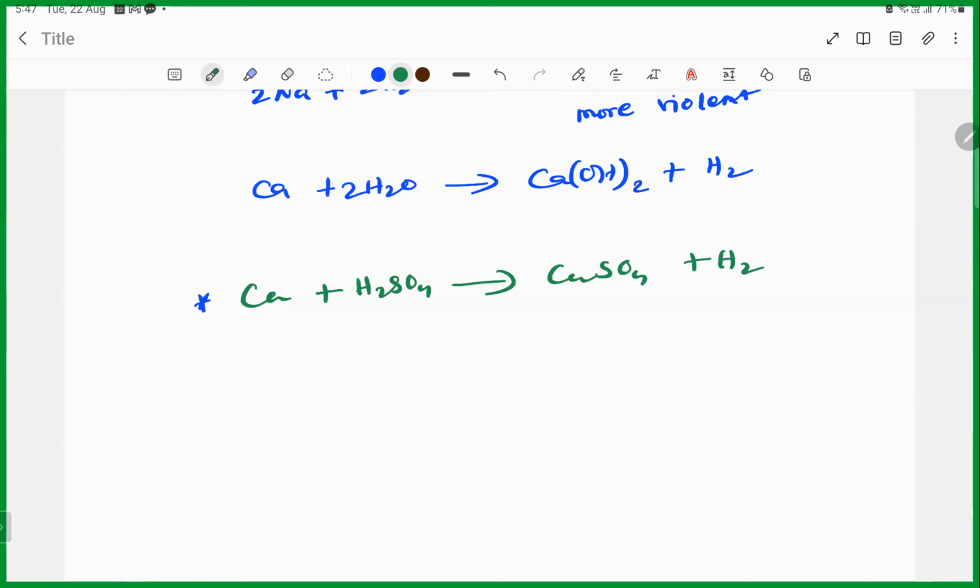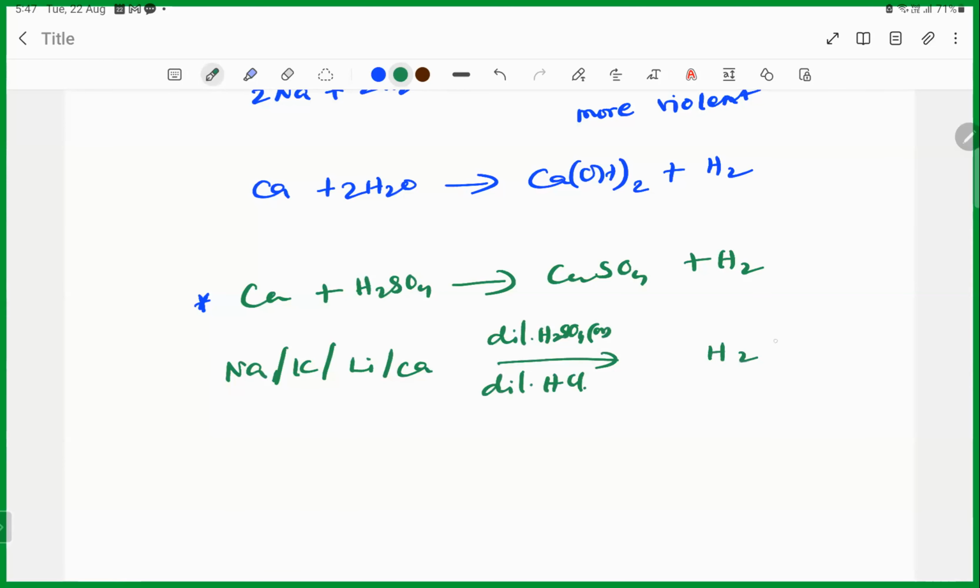Generally, sodium, potassium, lithium, and calcium react violently with dilute sulfuric acid and dilute hydrochloric acid. When you treat sodium, potassium, lithium or calcium with dilute H2SO4 or dilute HCl, it will evolve hydrogen violently. So they are exothermic because they give the heat away.